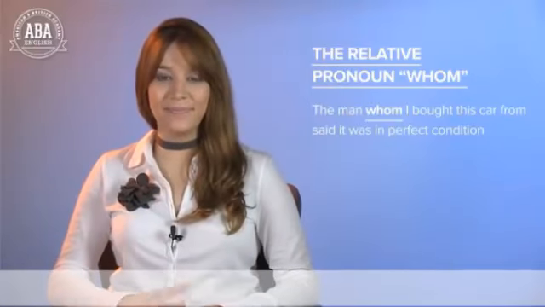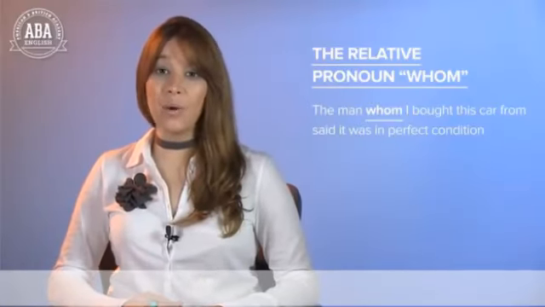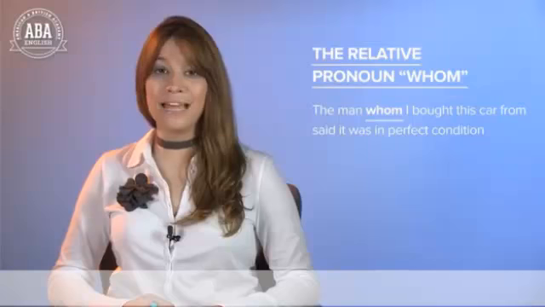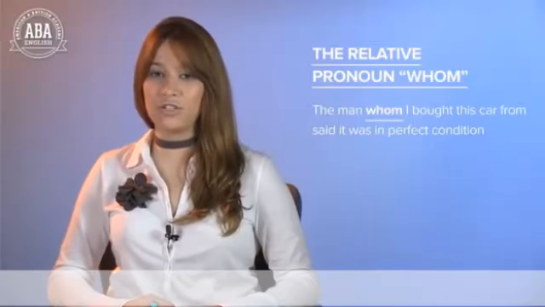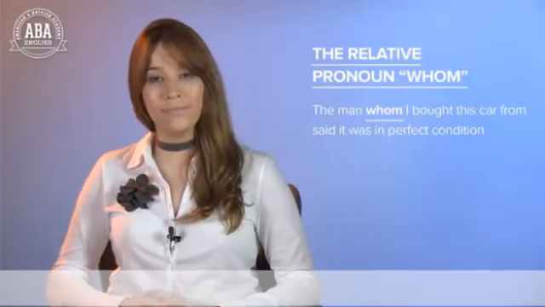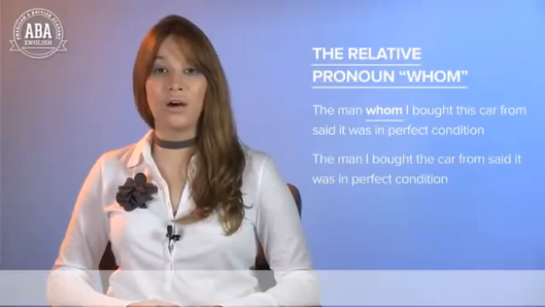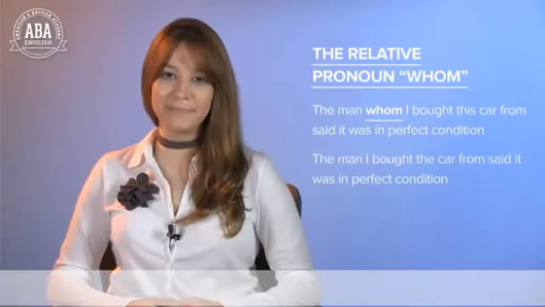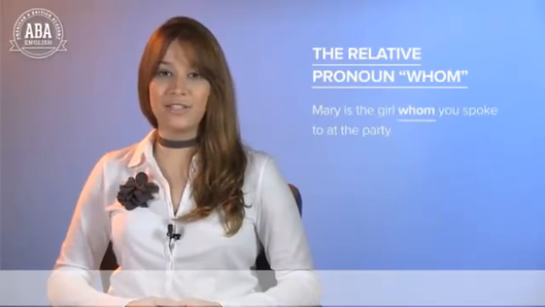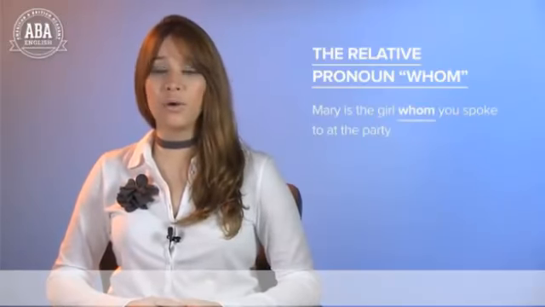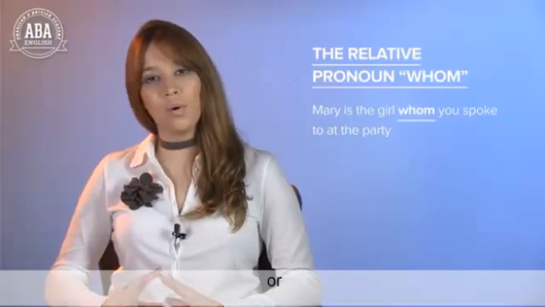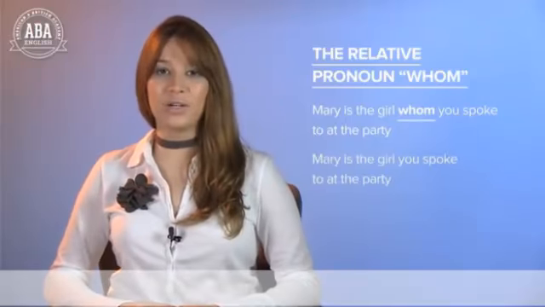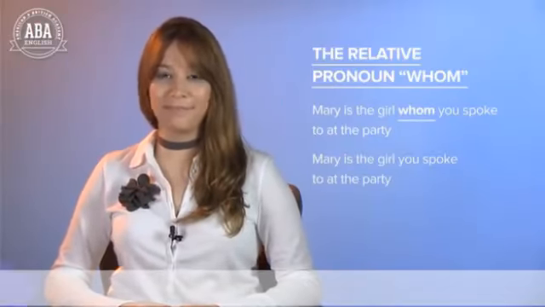You can say, the man whom I bought this car from said it was in perfect condition. Or, the man I bought the car from said it was in perfect condition. Mary is the girl whom you spoke to at the party. Or, Mary is the girl you spoke to at the party.